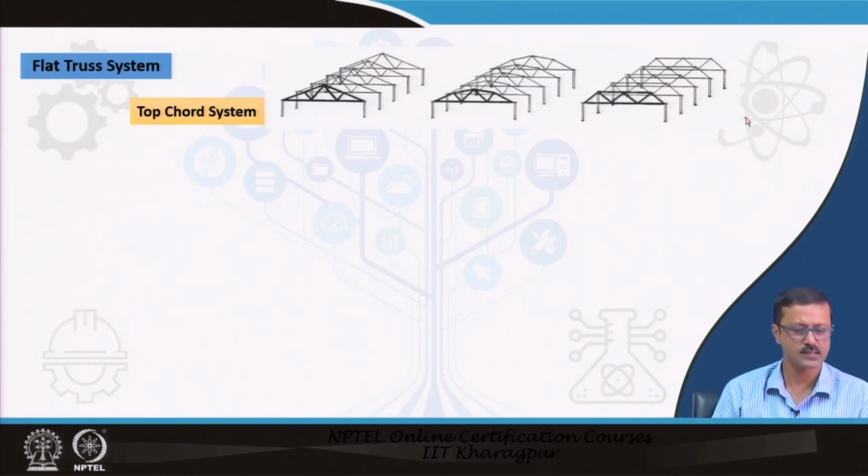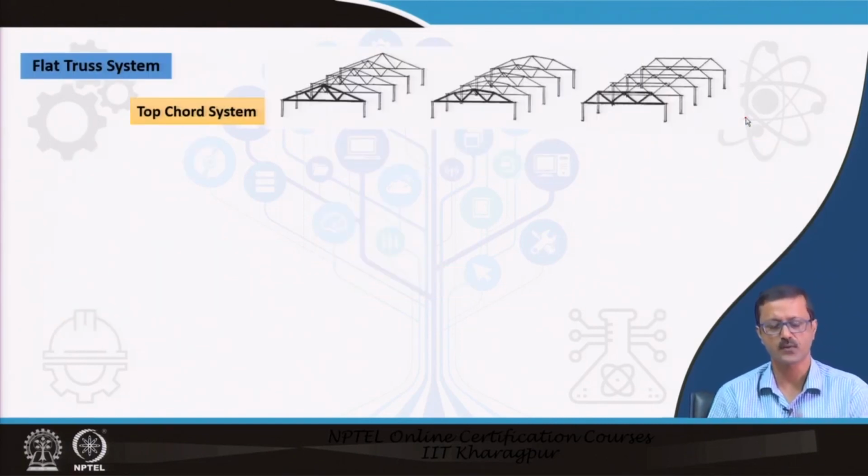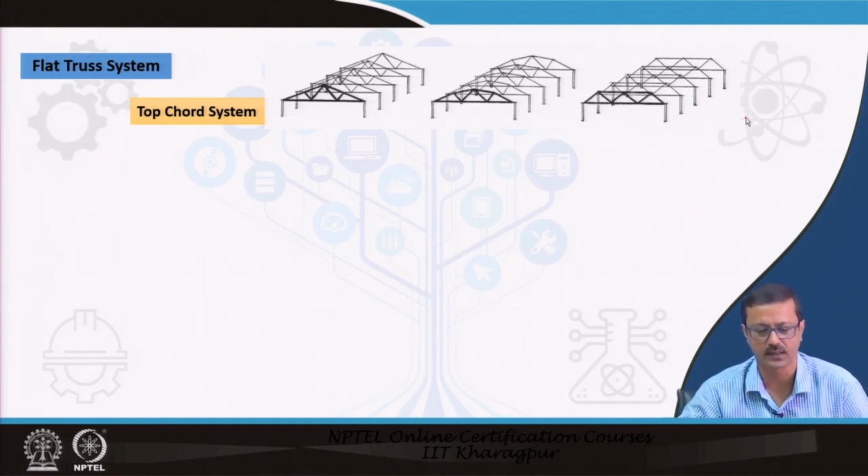The flat truss system, as you see, has 4 types: the top chord, the bottom chord, the two chord, or the camber. The top chord systems are like a plain type of truss system, where the top chord takes care of all the roof covering or membrane, whatever we are going to provide for the profiling or covering of the roof.